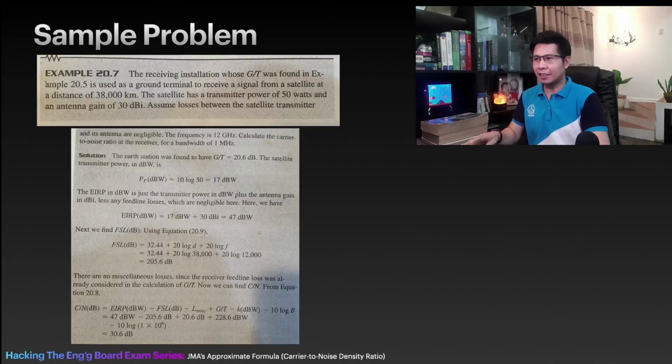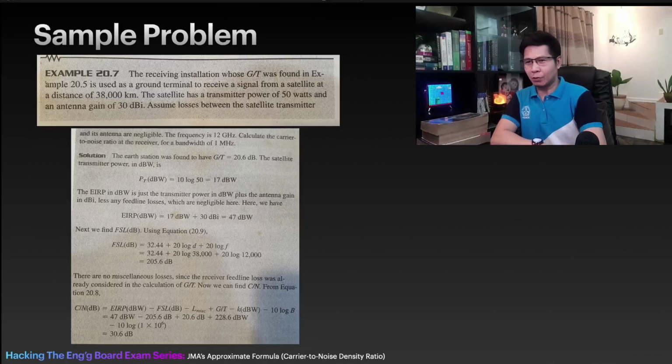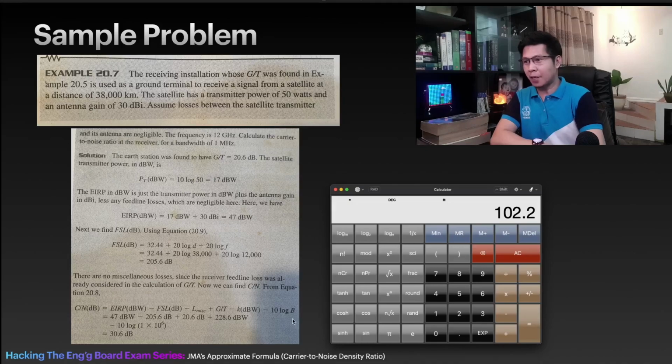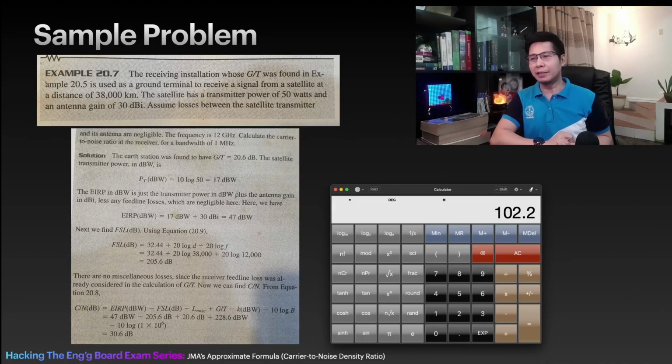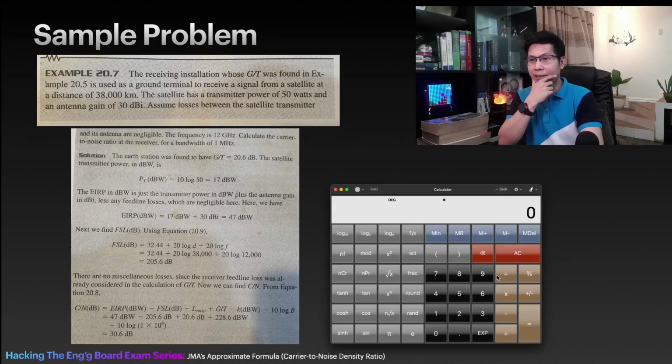Now, balik tayo dito sa ating sinasolve. So, this is also a past board exam. Halos lahat na ng questions sa Blake na encode na yon at madami na naglabasan doon. So, gamitin natin yung formula ng ginawa ko. Sabi natin, EIRP, which is 47 dB, plus the satellite G over T, which is 20.6.